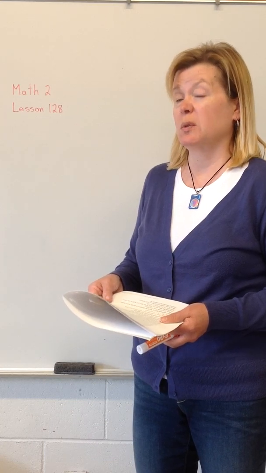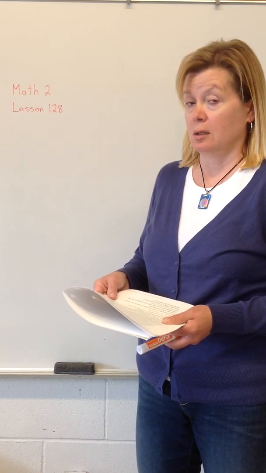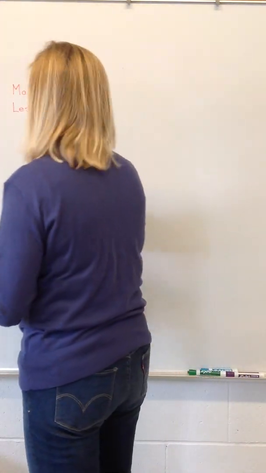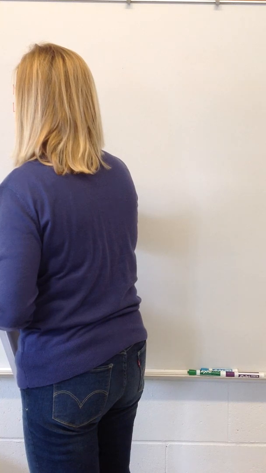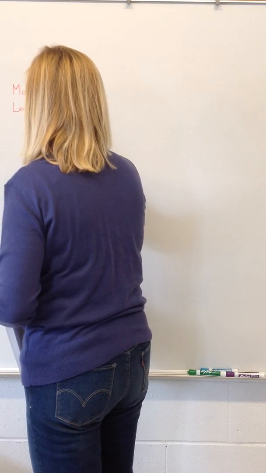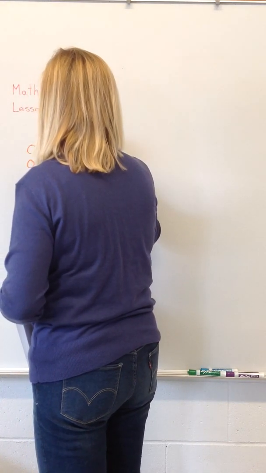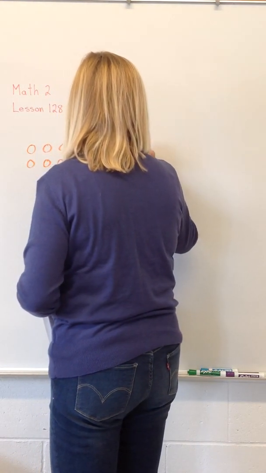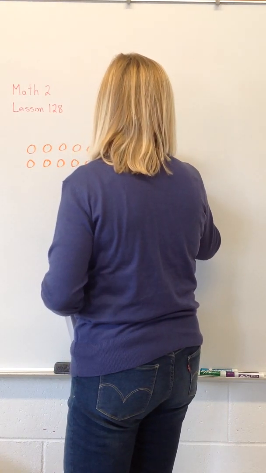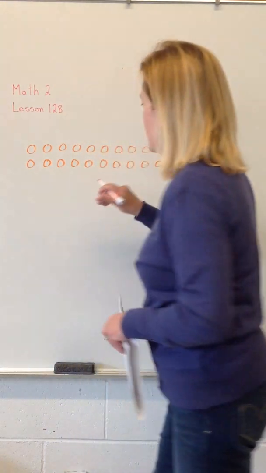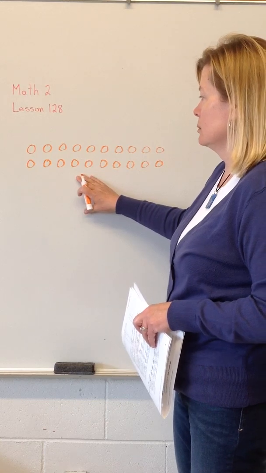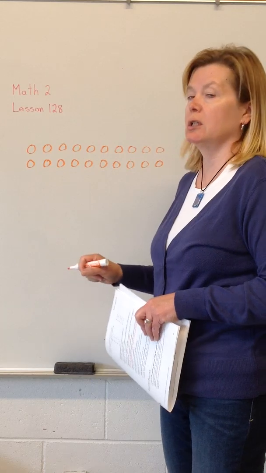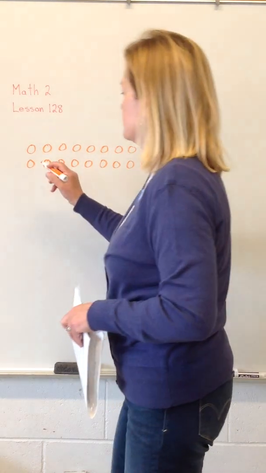I'm going to do circles because it's easier for me to draw than to draw squares, but you use your colored tiles. Okay, I have my 20 children, and it doesn't matter if you did your tiles horizontally or vertically. Either way is just fine.